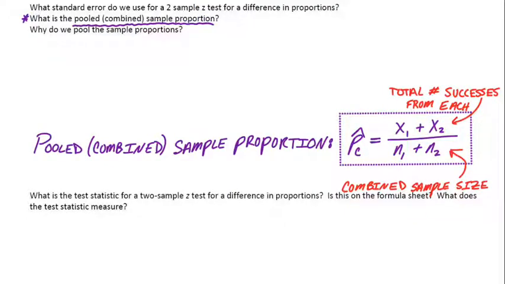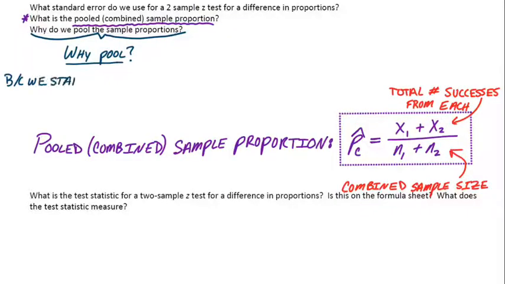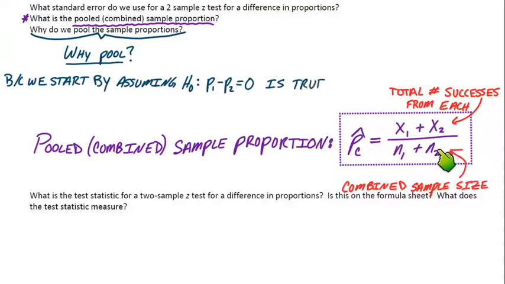I said if we pool our money together, we can make a bigger and better purchase. So the idea of pooling proportions together is so we can have better data. So why would you pool these things together? Total successes over the total sample size for each. Well, we start out in significance tests by assuming that the null is true. So we're going to assume really that p1 and p2 are the same.